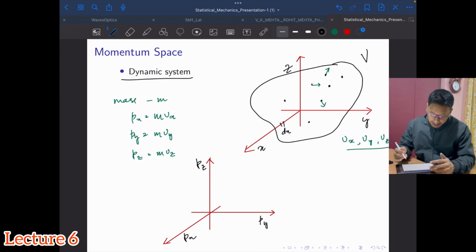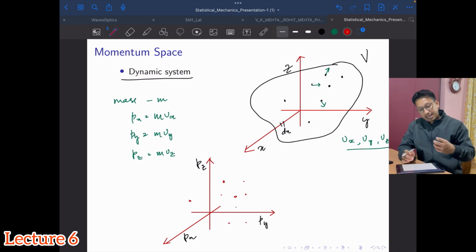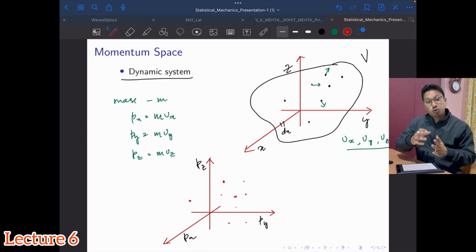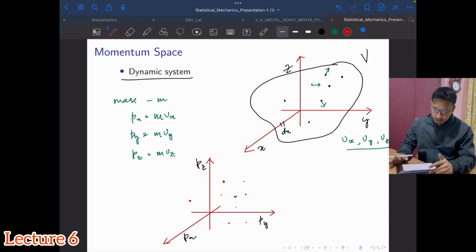If I have n particles, then I will have n representative points, and each point represents the momentum of a particle. So the dynamics, the velocities or the momenta of the particles, will be given by this momentum space, whereas the position space will give you the location of each point.